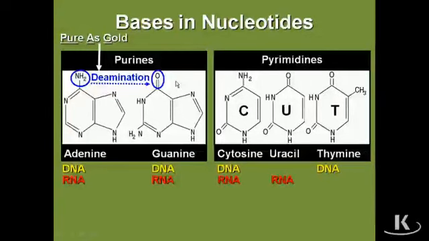And actually, inside the cell, there's an important enzyme that aids in the deamination of adenine. If you were an enzyme that was going to deaminate adenine, what would you name yourself? Well, maybe adenosine deaminase, okay? And actually, that's the way it goes.